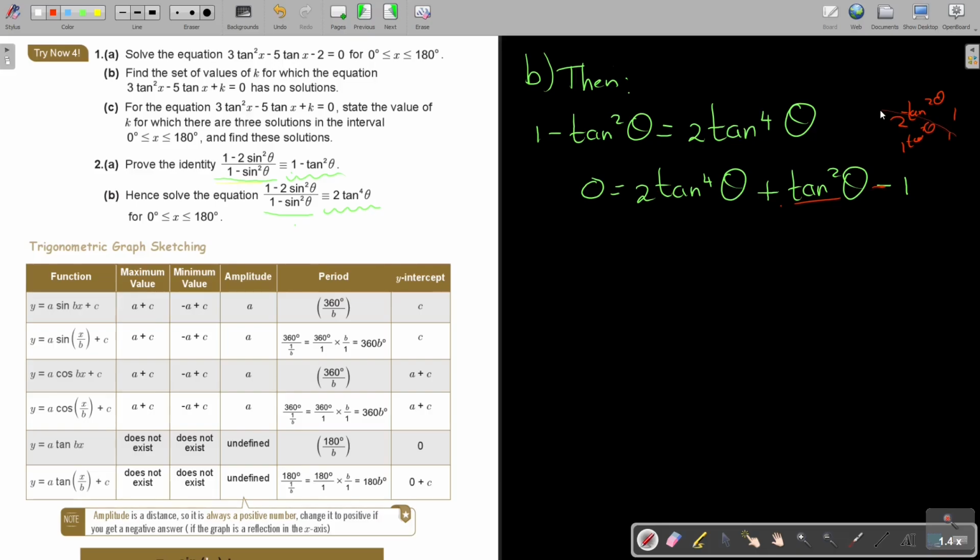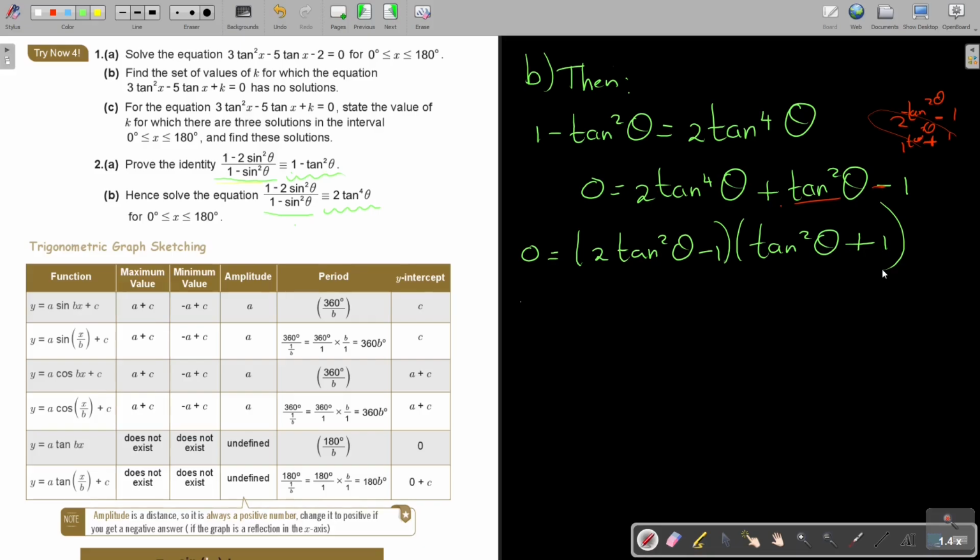The biggest over cross product gets a positive and this a negative. If I write it nice, I'm going to say 2 tan square theta minus 1 and tan square theta plus 1. Okay, that's what I'm going to get.